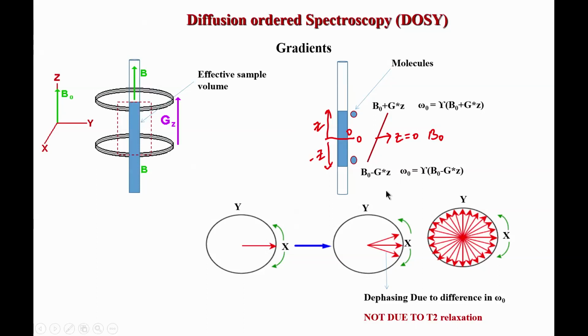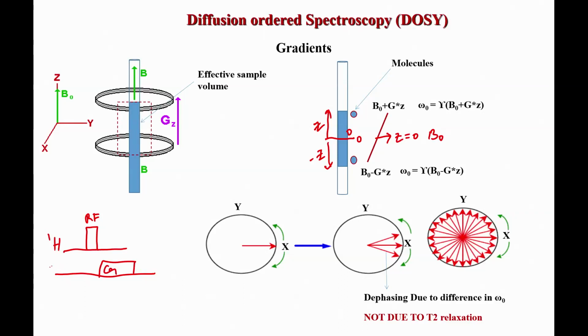Okay. Now let us see what happens when you apply this gradient to this sample. Let us say I have a 1D pulse, an RF pulse, and this is for proton. Now suppose after the RF pulse I apply a gradient.